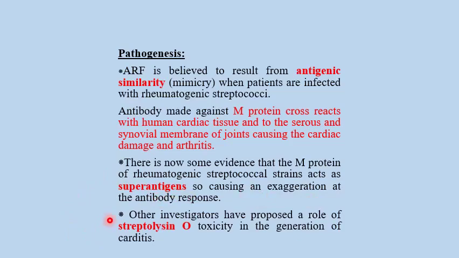The third point for the cause of rheumatic fever is that other investigators have proposed a role of streptolysin O toxicity in the generation of carditis. And we said this point in our introduction. At the beginning of our lecture, when we spoke about streptolysin O, we said it has a certain cardiac damaging effect. So these 3 points are the pathogenesis of acute rheumatic fever.